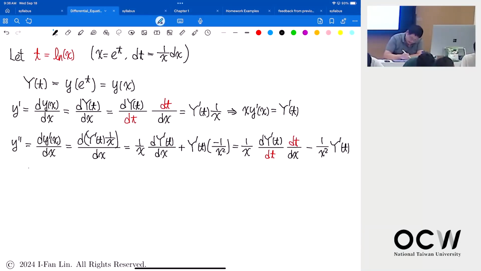Let's rearrange this y double prime. We have 1 over x squared times y double prime of t minus y prime of t.